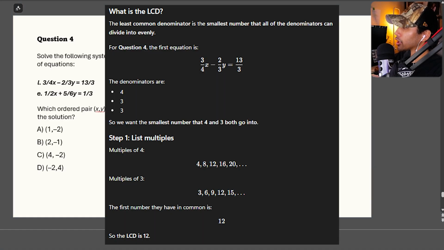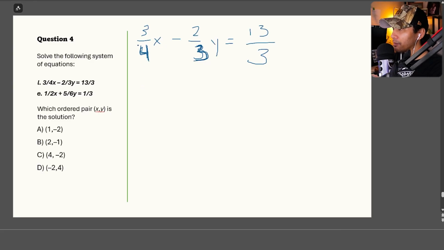It says, look at the denominators in the equation. Ask yourself, what is the smallest number that each denominator can go into evenly? For 4 and 3, that number is 12. So 12 is the least common denominator. And I could explain it through math. So I'm going to multiply each side by 12, okay?